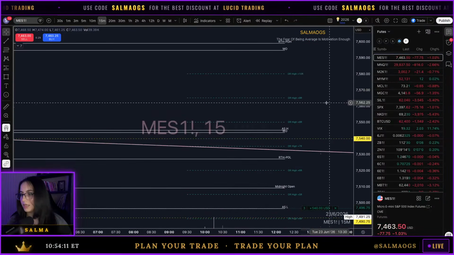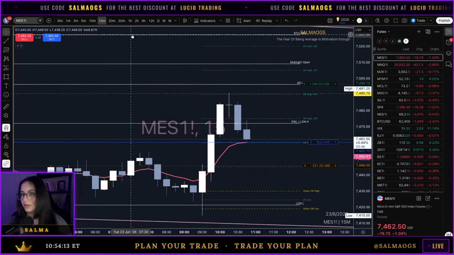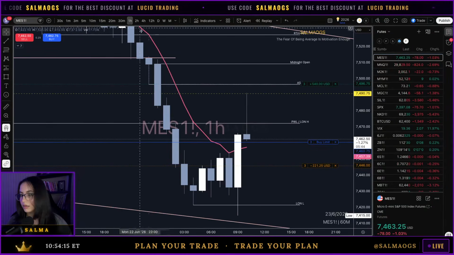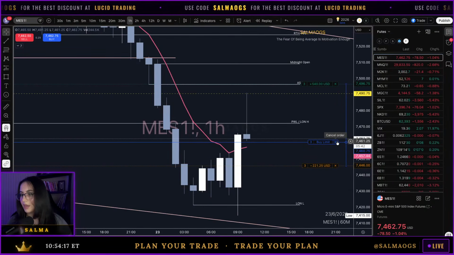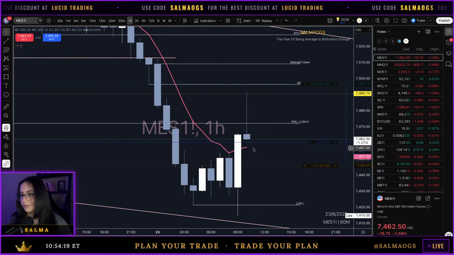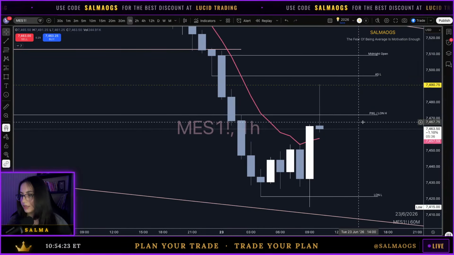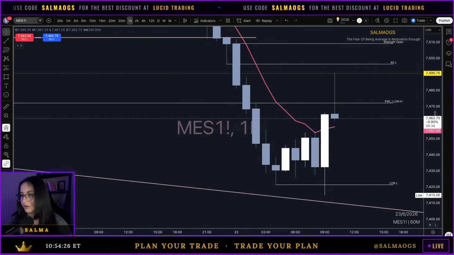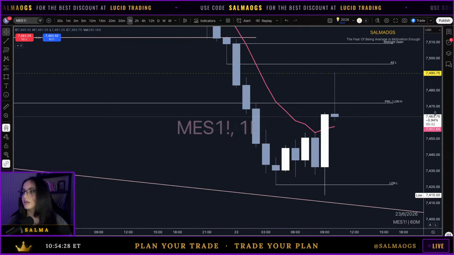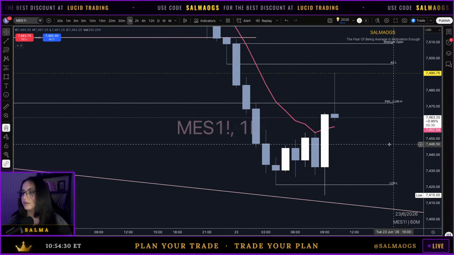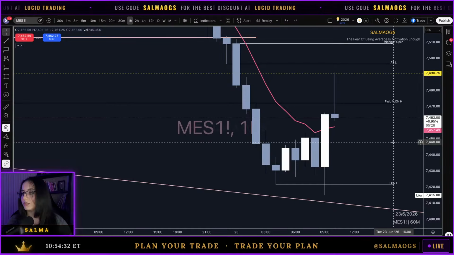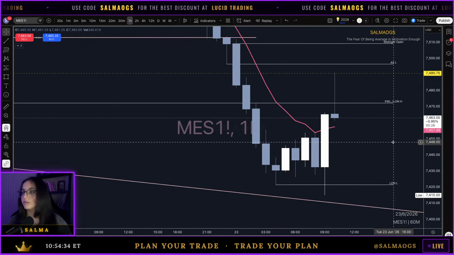I want to see the hourly candle on ES. Yeah, I'm gonna cancel this order, guys. The way the hourly is looking right now, it doesn't really favor more upside. If anything, it looks like it wants to drop even more.